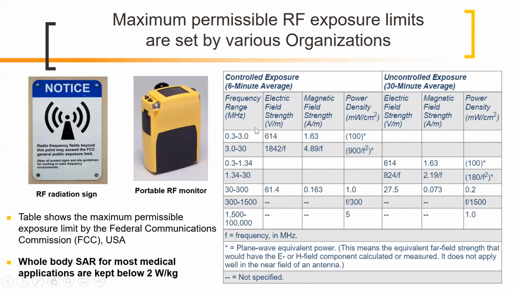Okay. Now, based on the safety consideration and what we understand by RF interaction with the human body, various organizations have set safety limits for the amount of exposure of RF wave that is required for most applications.